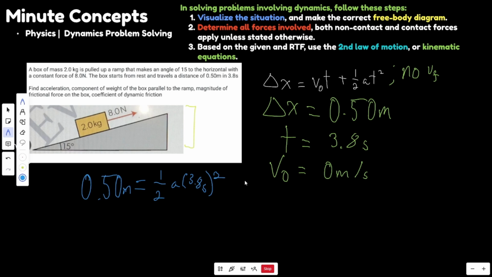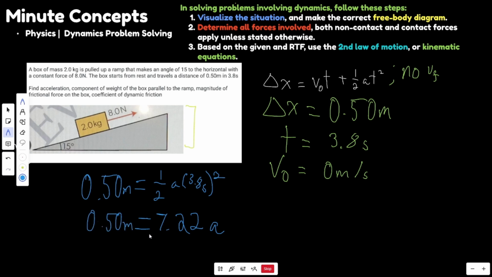Putting it into our calculator, 3.8 squared is 14.44, which divided by 2 is 7.22 a, since a is what we're looking for.